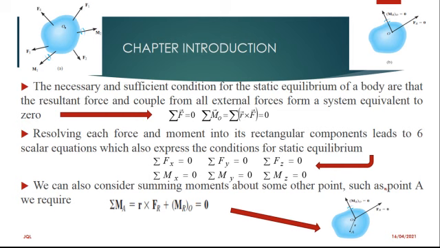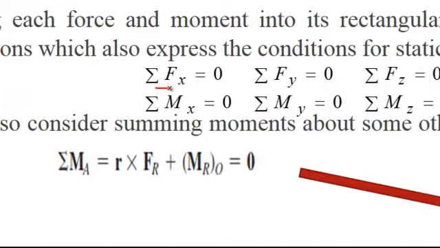The necessary and sufficient conditions for a static equilibrium of a body are that the resultant force and couple from all external forces form a system equivalent to zero, just as I was explaining. The basic equations are summation of forces in the x, in the y, and in the z equal to zero. And this also applies for moments in the x-axis, in the y-axis, and in the z-axis.